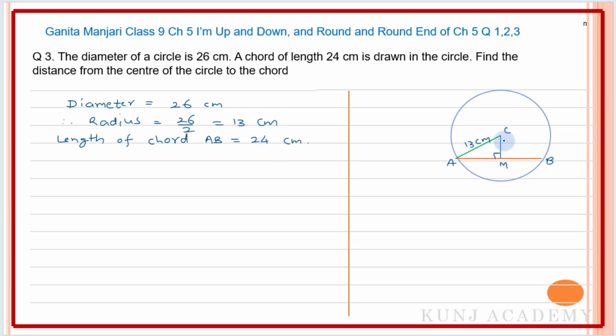CM, the distance of the chord from the center, we have to find. Using the theorem, the perpendicular drawn from the center to a chord bisects the chord.